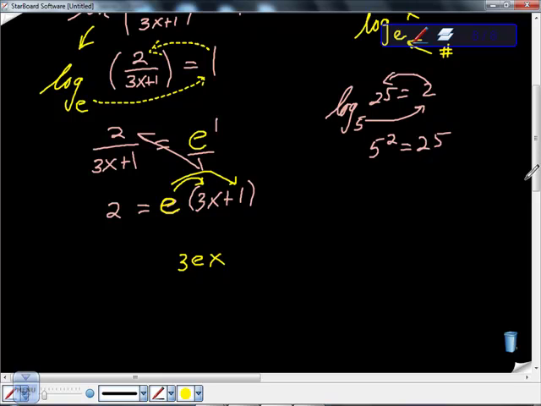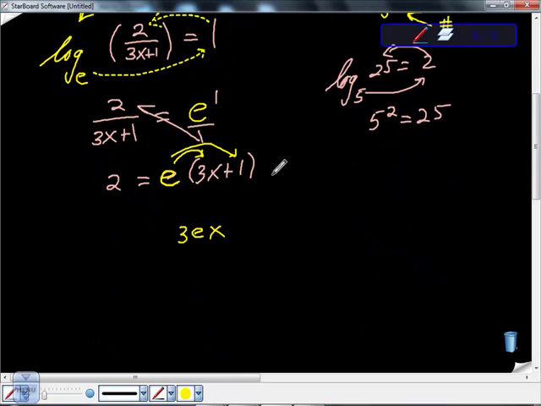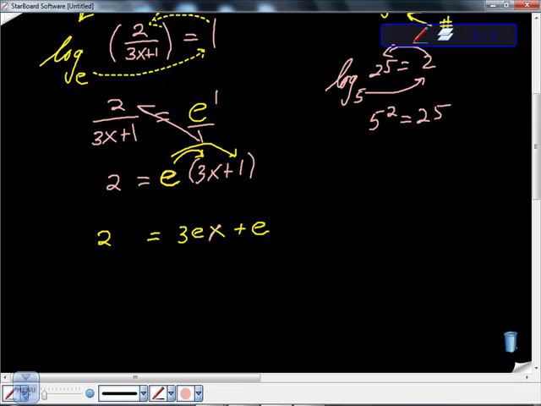Oh, this was supposed to be a 2 here when I did the problem that I set up. No, it'll work just fine. All right, so plus e is equal to 2. Now, remember, I'm doing algebra, and my goal is to get x by itself. So I'm just going to start subtracting stuff.